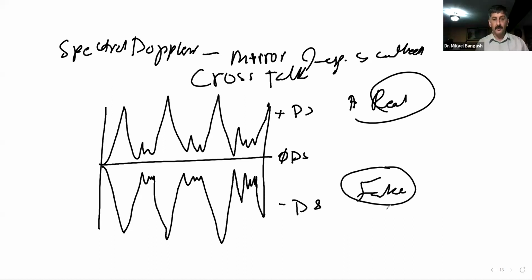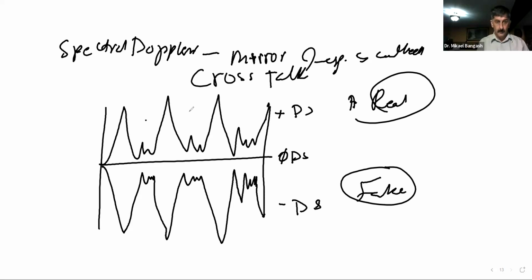So what's going to be the trick to know which one is real and which one is fake? The one at the top is real and the one at the bottom is fake? No. What if you measure a negative Doppler shift? The actual Doppler shift that you measured was a negative Doppler shift, you just get this here. Right?